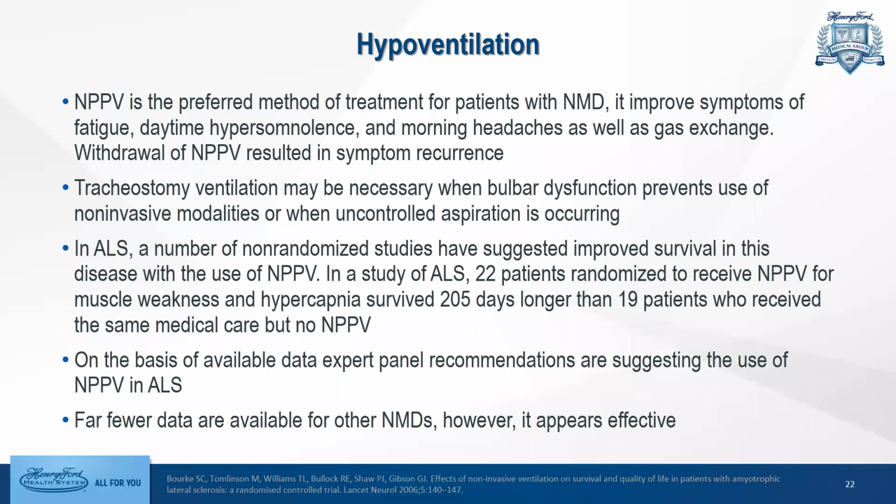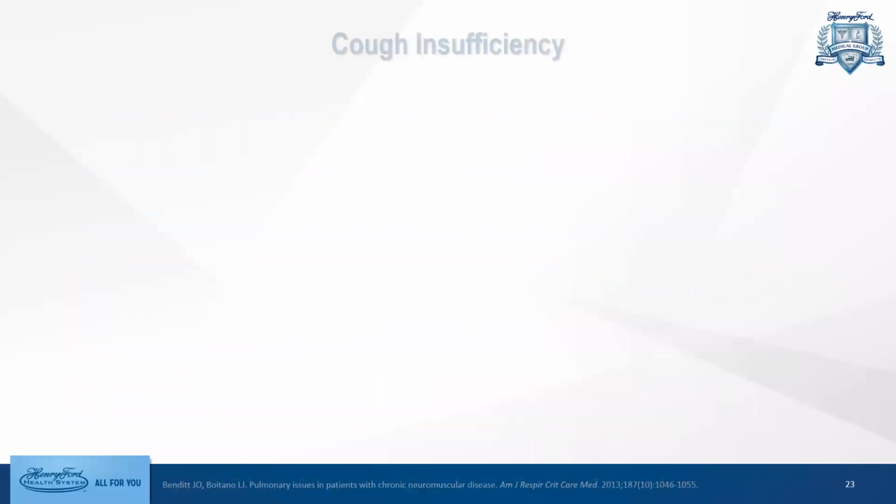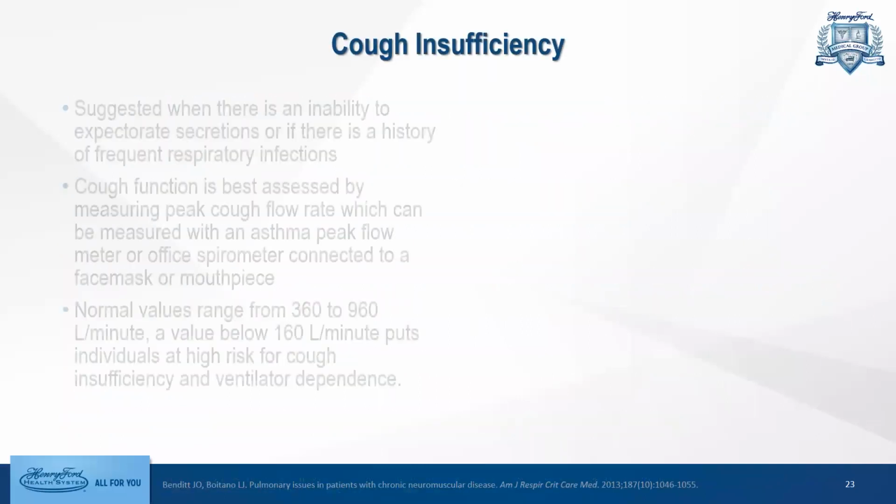For other neuromuscular diseases, there are less data available. It's tough to conduct a randomized controlled trial because they're going to run into hypercapnia and hypercapnic respiratory failure, and you have to consider what the end result would be. So we deduce from those studies done on ALS patients what would be useful for the rest of the neuromuscular weaknesses.